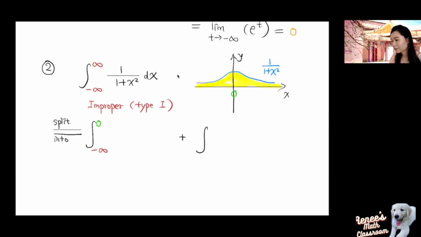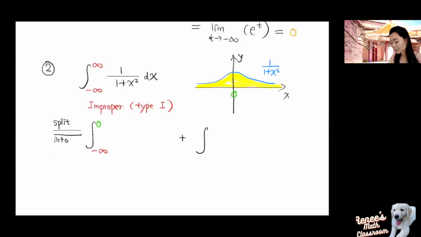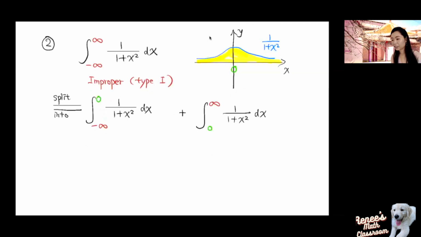Normally, 0 is a nice number to split the integral, providing the function is continuous. And here we'll go from 0 to infinity. So you split this into the sum of these two improper integrals.